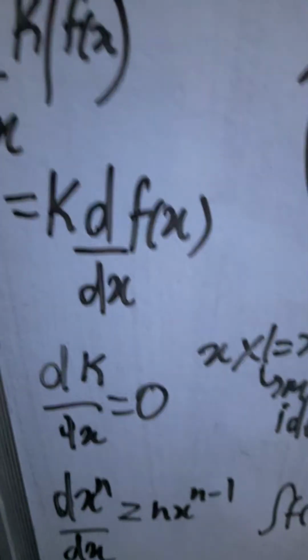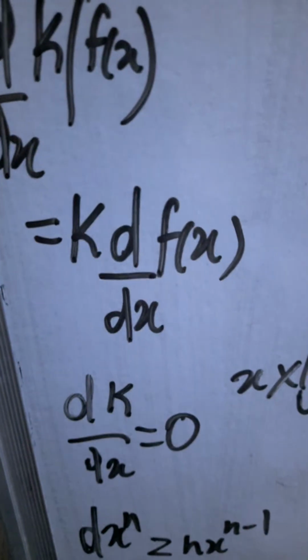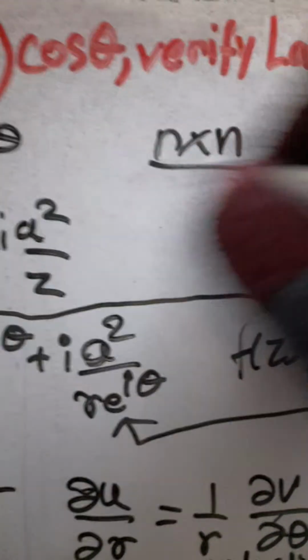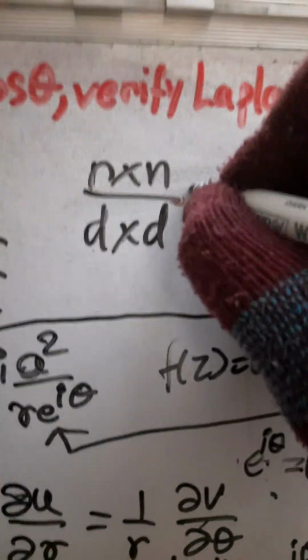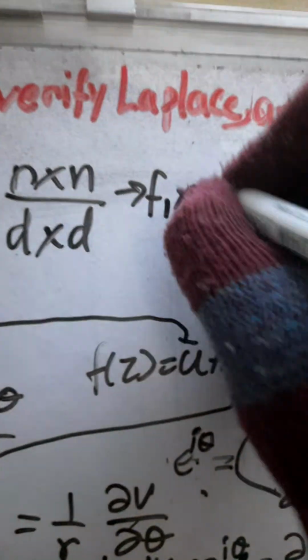What do we do with a coefficient? Take the coefficient out, take the derivative of the inside real function, then multiply it with the coefficient. So here we have a square by i, e raised to i theta, and what we have here is 1 by r. 1 by r is in the same place, right? I told you, numerator into numerator by denominator into denominator is fraction 1 into fraction 2.